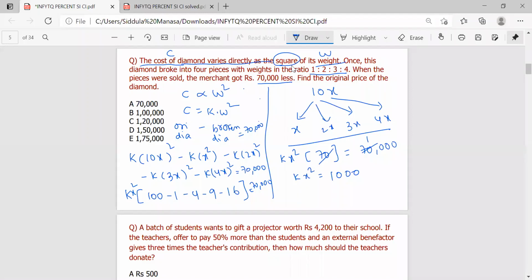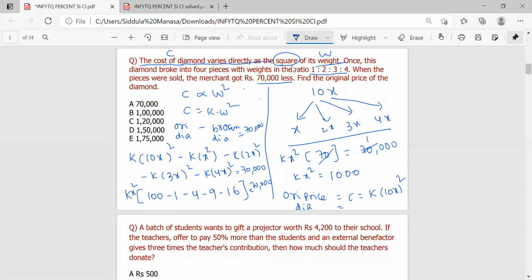Now what is it saying? Original price of the diamond. Original price of the diamond means before broken. So before broken, the weight is what? 10x. So cost will be what? C is equal to K times 10x whole square.